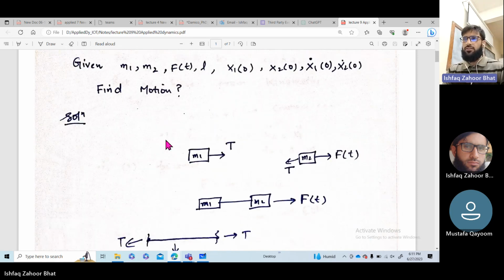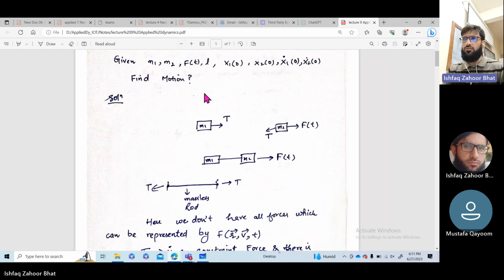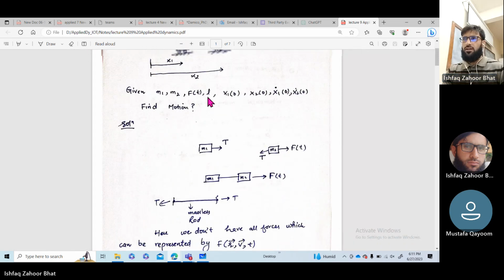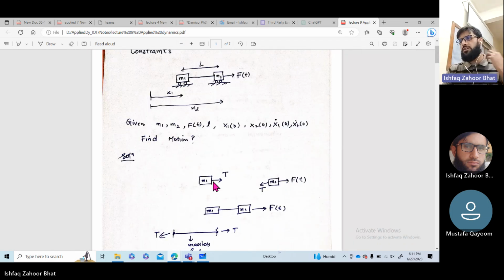So let's try to solve this, and first we will draw a free body diagram. We have mass m1, and since it is connected with m2 through this rod, we cut this rod and we see that there is a tension in this rod, which is T. Therefore tension T acts on M1 in this direction.